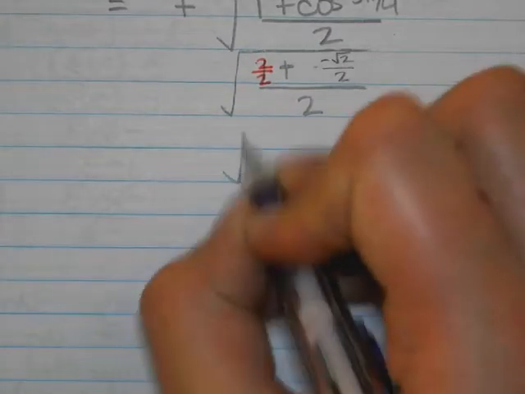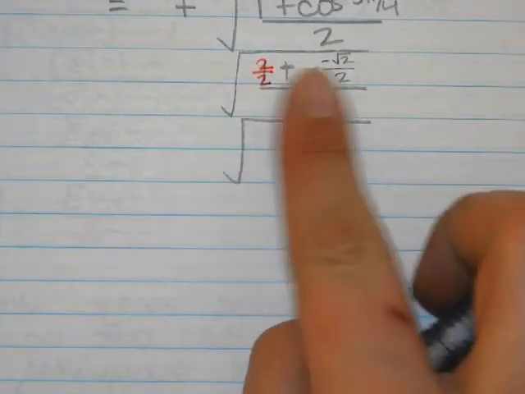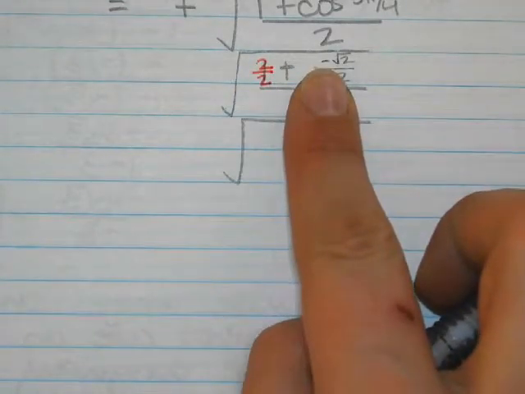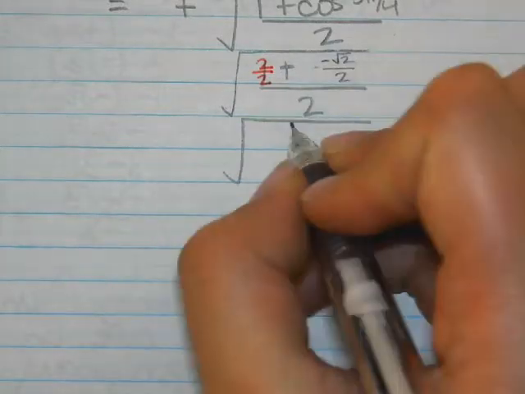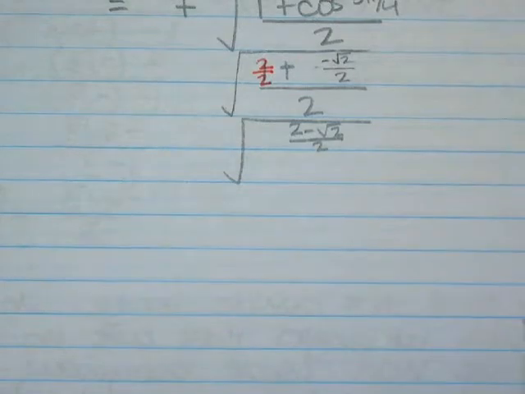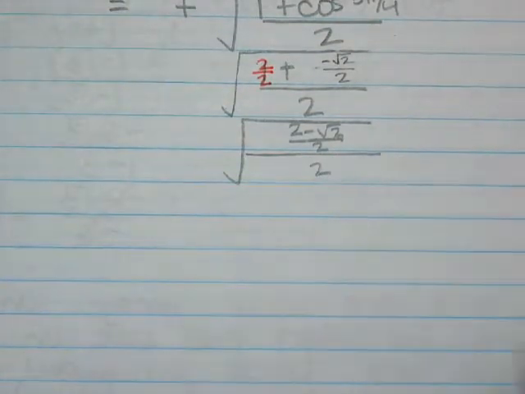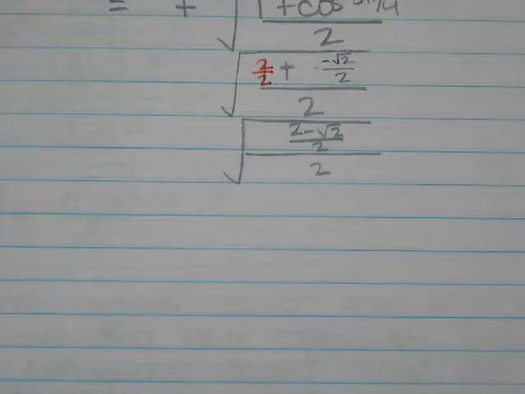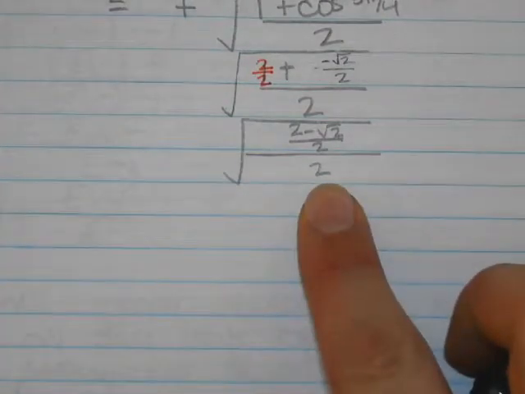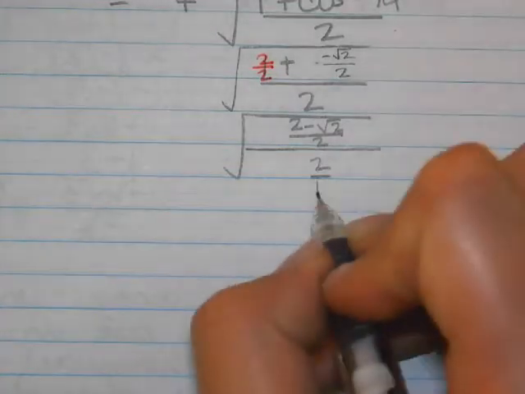So on the top, what do we have? 2 over 2 plus. So we've got 2 minus root 2 over that common denominator, all over 2. And this 2 on the bottom is really what? It's really 2 over 1.